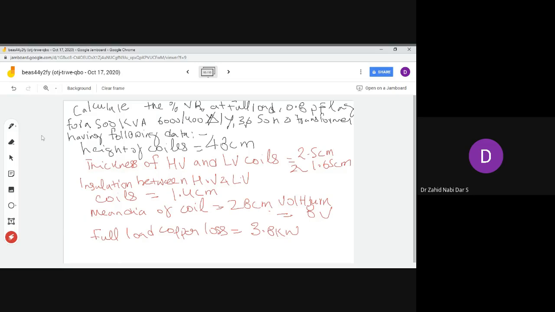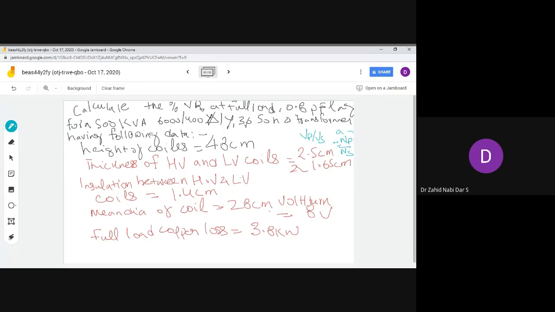We have the formula: NP by NS is equal to VP by VS. Instead of NP we can write TP by TS also. So VP is 6000, VS is 400, and we need to calculate.